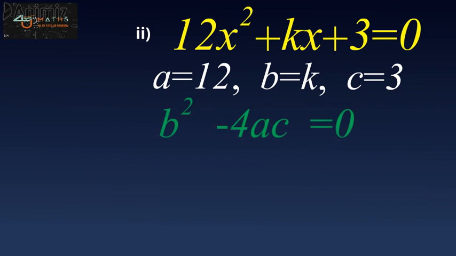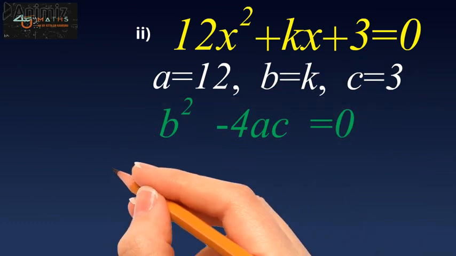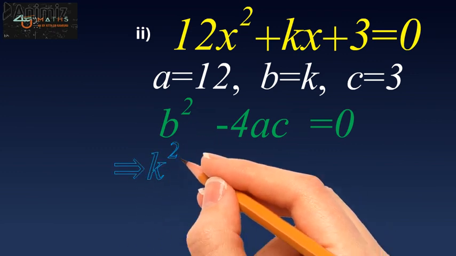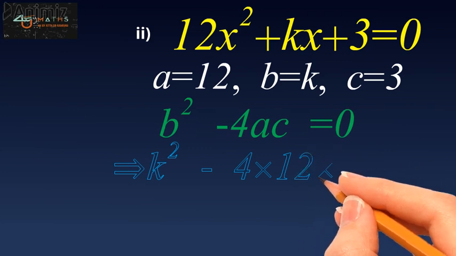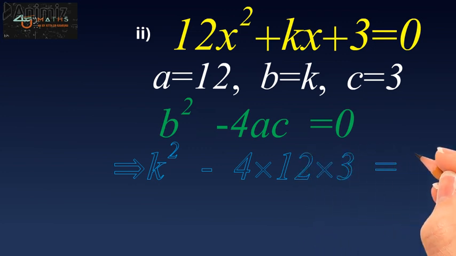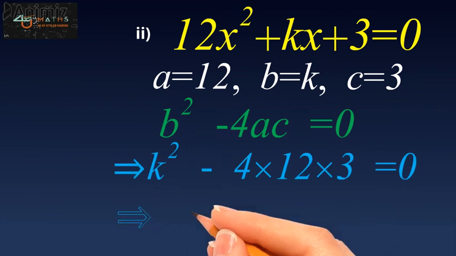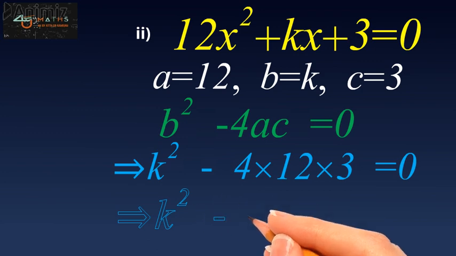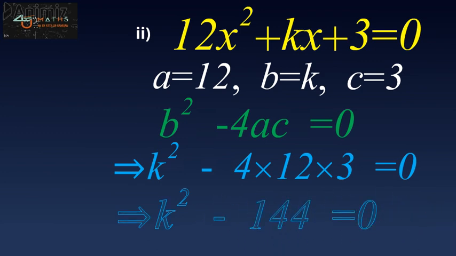Now substituting the values of a, b and c in this discriminant, we have k square minus 4 times 12 and 3 is equal to 0. Further simplification gives k square minus 144 is equal to 0.